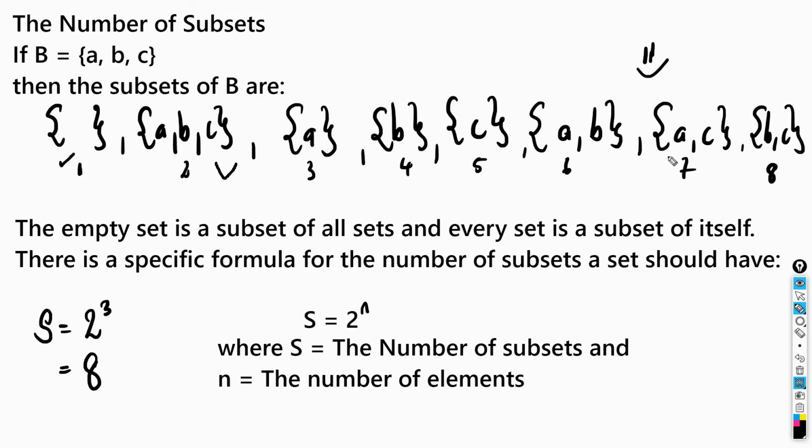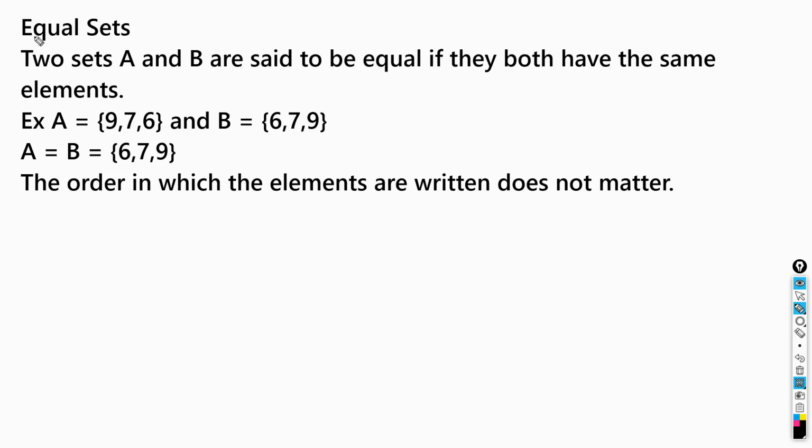Hey guys, so we're going to be looking at equal sets, and it says two sets A and B are said to be equal if they both have the same elements. You have to have the same exact elements. So the example here says A is equal to {9, 7, 6} and B is equal to {6, 7, 9}, right?